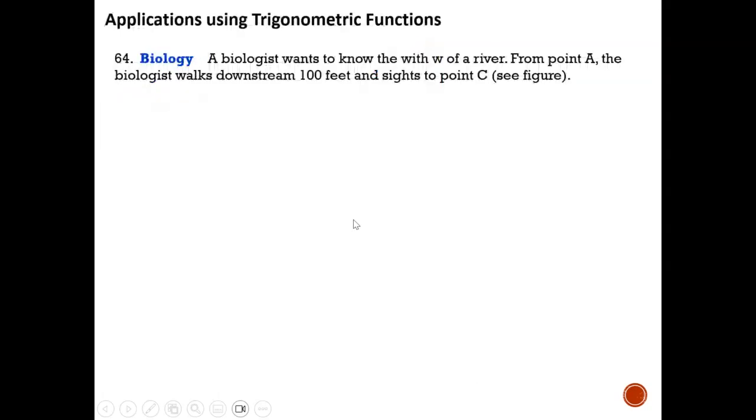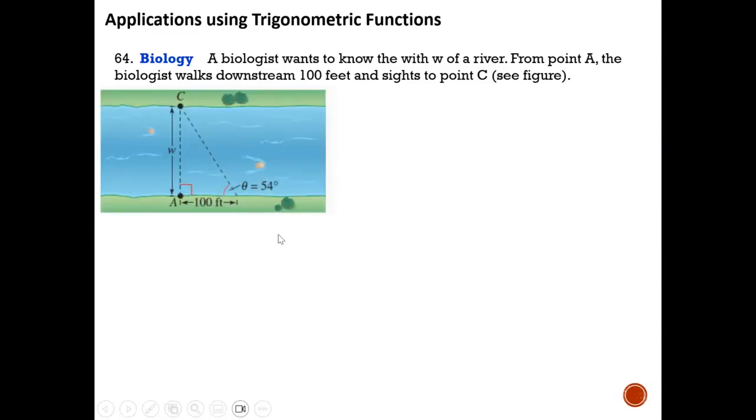Okay, now, how do you apply them in real life? Okay, here we go. This is number 64 from, I think, section 4.3. It says, a biologist wants to know the width W of a river. From point A, the biologist walks downstream 100 feet and sights to point C. See the figure.